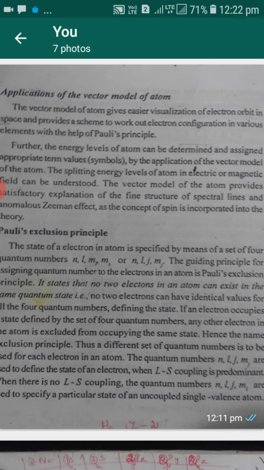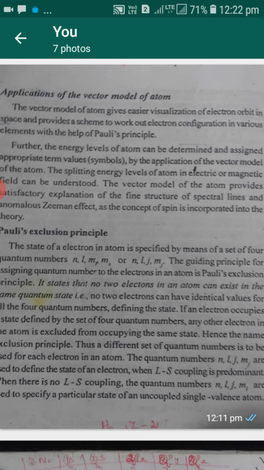Using these quantum numbers, we can study Pauli's exclusion principle. It states that no two electrons will occupy the same orbital with all four same quantum numbers.